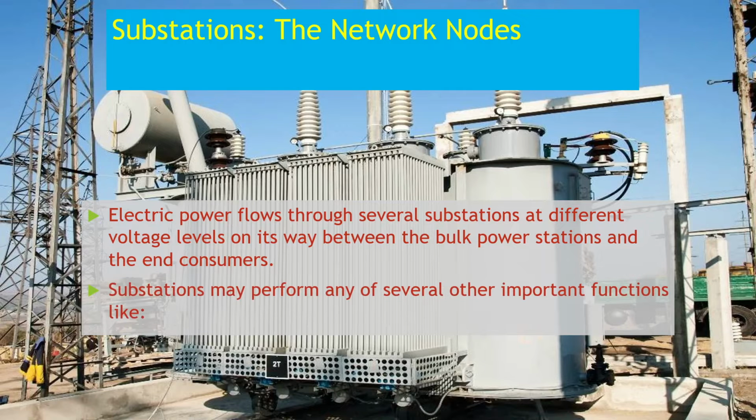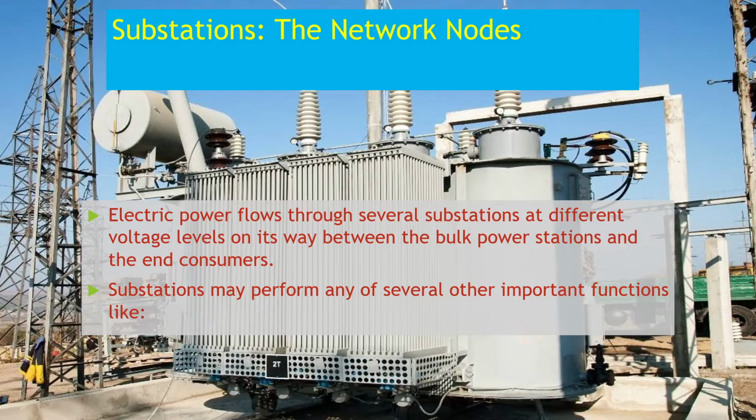The substation performs the nodes of the mesh network and they connect two or more transmission lines. The simplest case is when all transmission lines have the same voltage. However, typically, the substation performs voltage transformation from high to low and low to high.